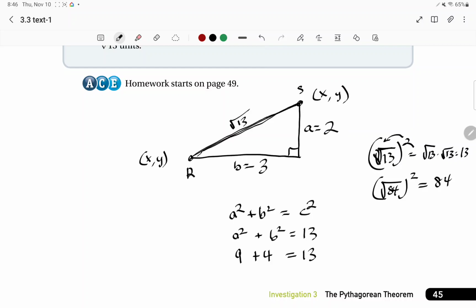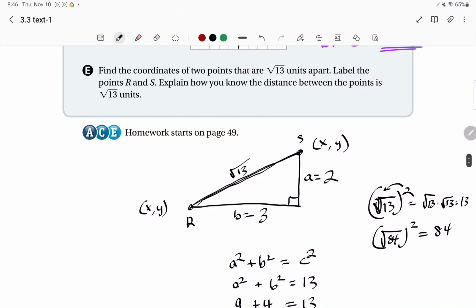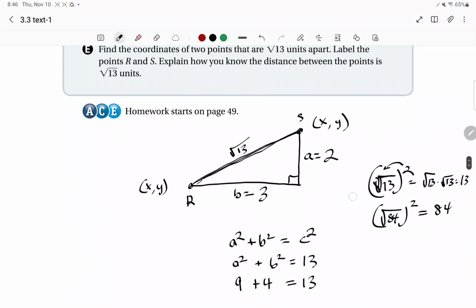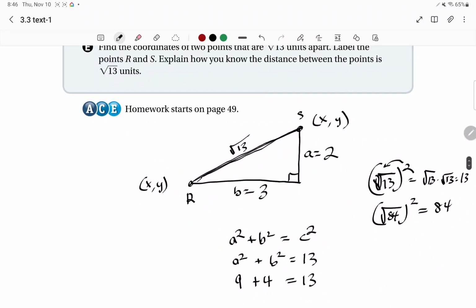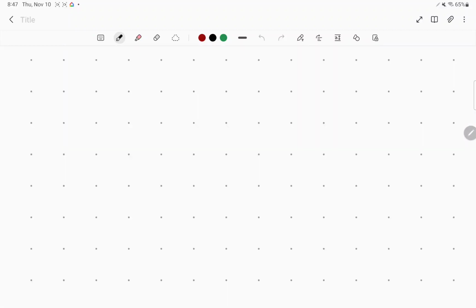All right, so those are my side lengths. Now, that is helpful because what we're trying to do is figure out the coordinates. So let's look at this on dot paper. So we know that one side length is 3. So 1, 2, 3. And then go straight up there. 1, 2. Here we have our little triangle.